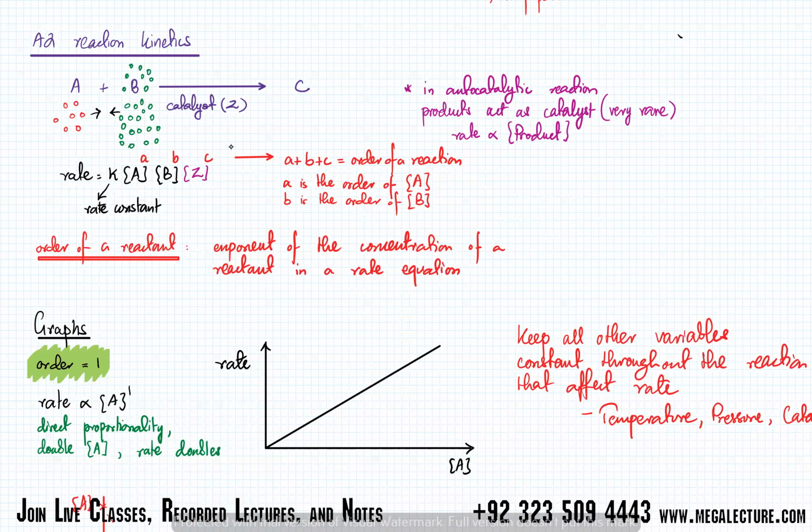Now, the purpose of adding B in very large excess is that if a tiny amount of B even gets used up, the change in concentration in B is almost negligible. Okay, so remember this, if you want to stop a reactant concentration from changing, all you have to do is add it in large excess.